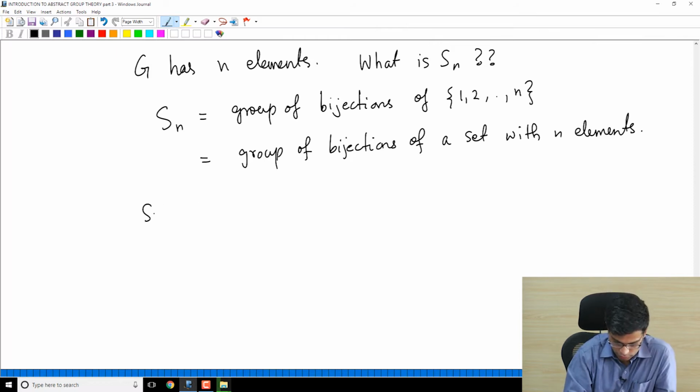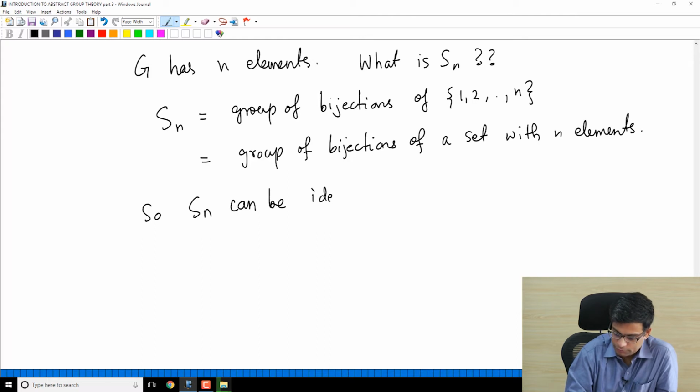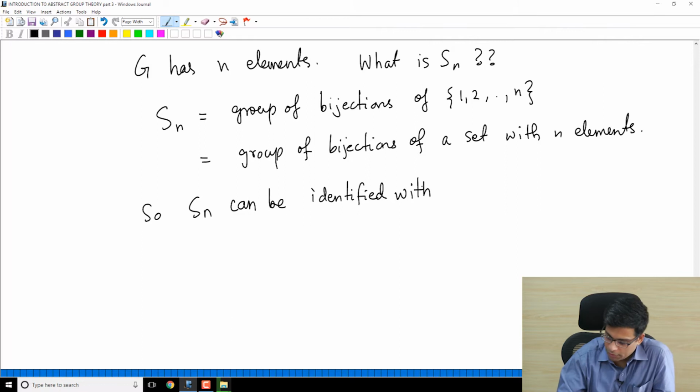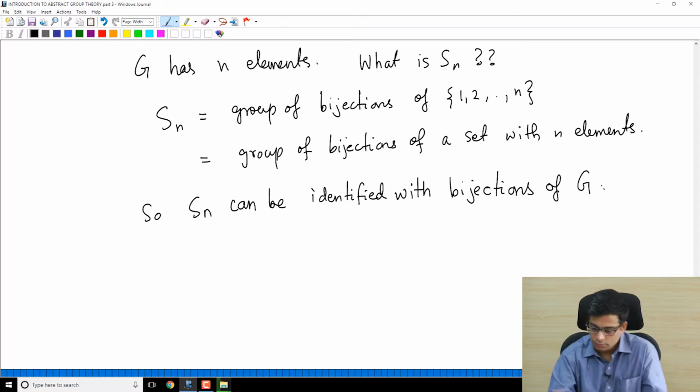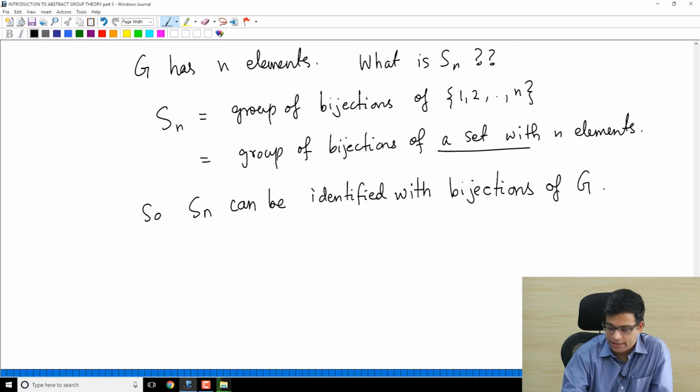So Sn can be identified with bijections of G, because Sn is a group of bijections of any set with n elements and G is a set with n elements. I can naturally think of Sn as a group of bijections.